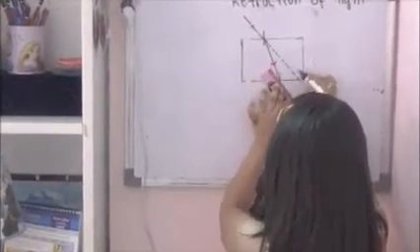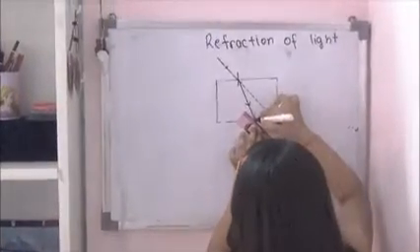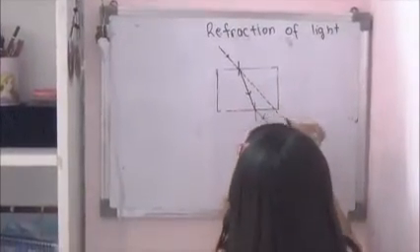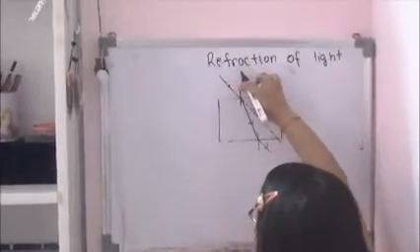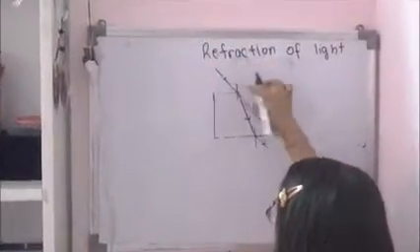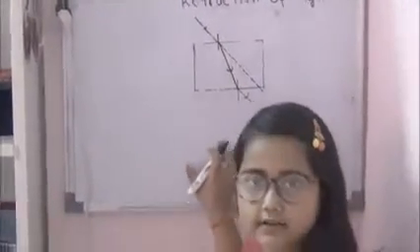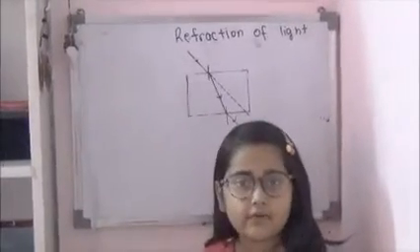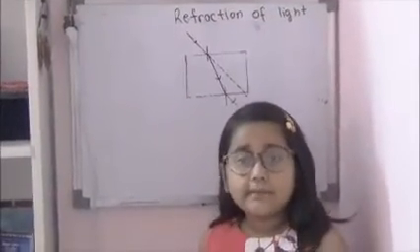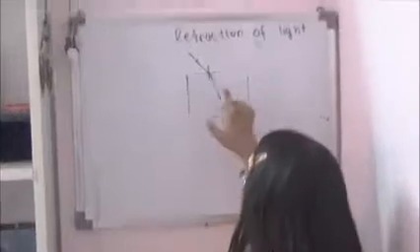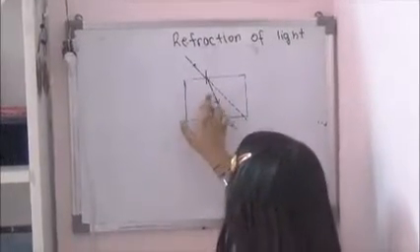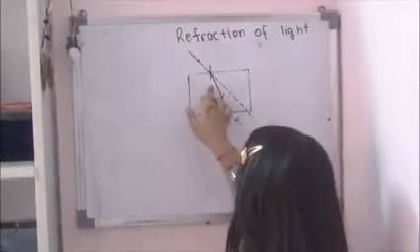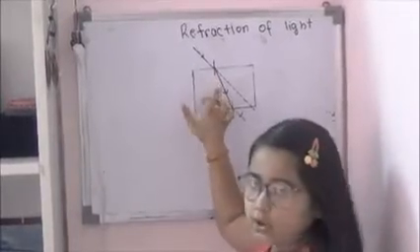And again the light bends. So, this is the incident ray. Now it bends because air is rarer than glass. And when light travels from air to glass, then the light bends towards the normal. This is the normal, and this refracted ray bends towards the normal.